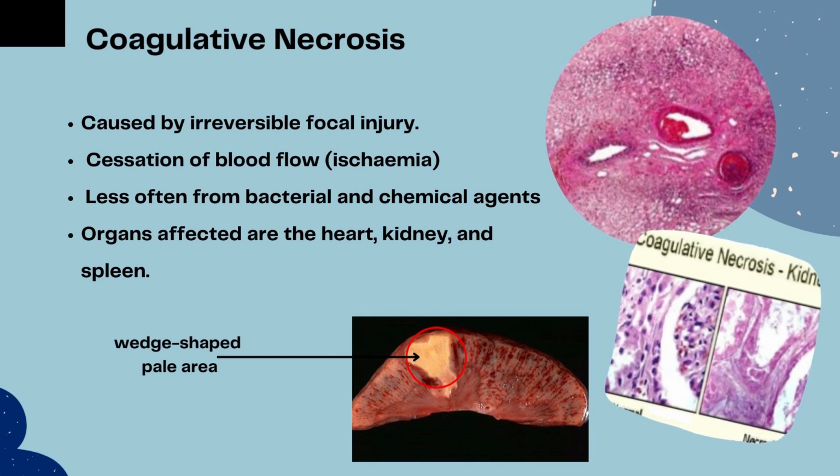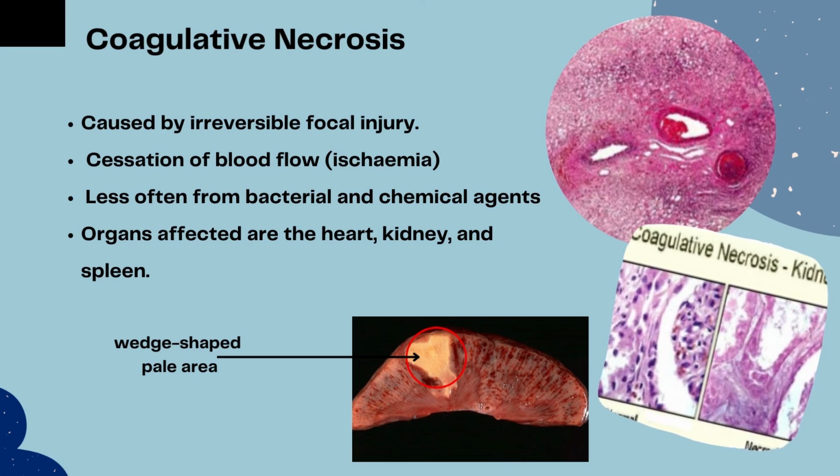Let's get into the first one, which is coagulative necrosis. This is the most common type of necrosis, which is caused by irreversible focal injury, where mostly it is caused by sudden cessation of blood flow, which is known as ischemia, and less often by bacterial and chemical agents. So therefore, bacterial and chemical agents are not really the key of coagulative necrosis.